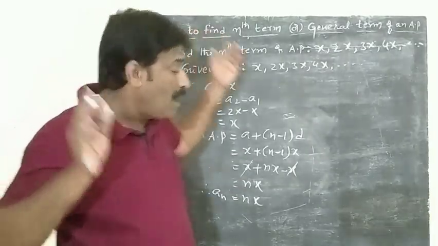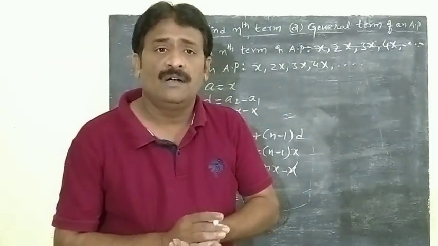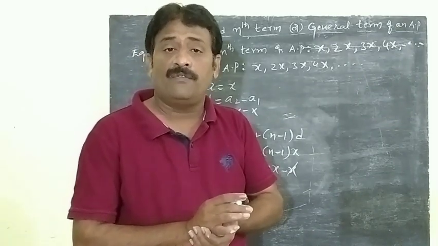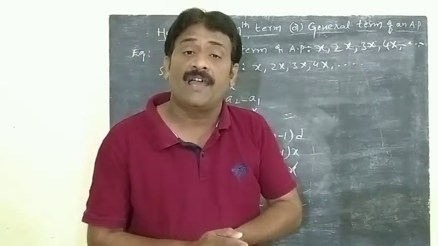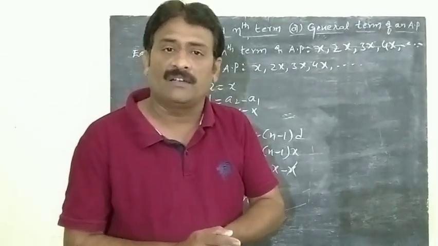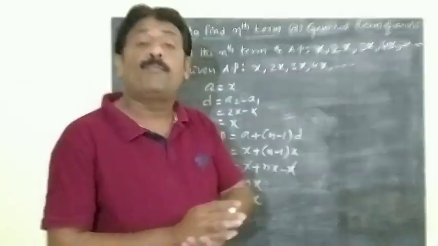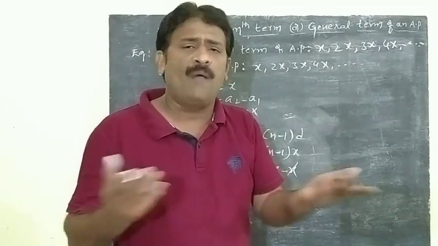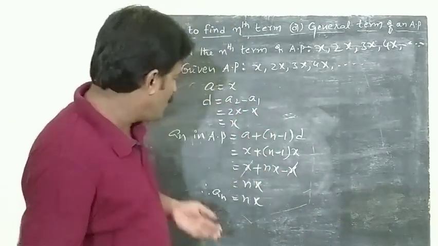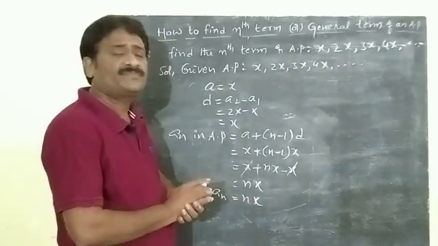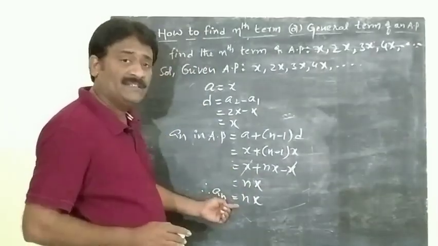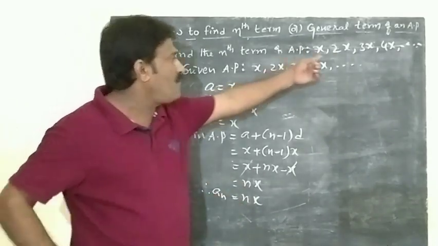From all these examples, what we have to observe is that the nth term of any AP is a linear polynomial. If a linear polynomial is given, then we can form an arithmetic progression. For example, taking an is equal to nx as given, from this we form a list of numbers.